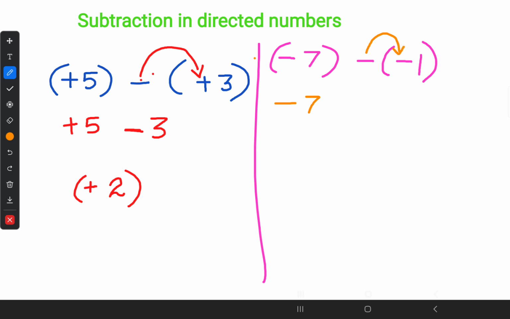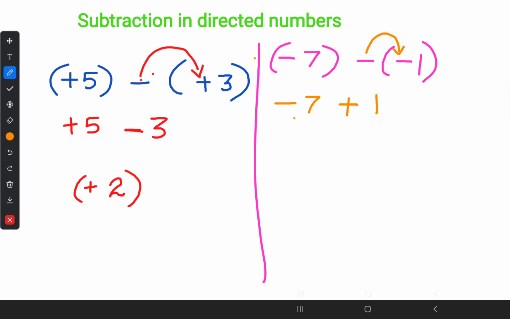That means multiplication. So when you are subtracting any directed numbers, you should definitely indicate the bracket. That's a must, otherwise you will mislead the question. So negative into negative will become positive 1.